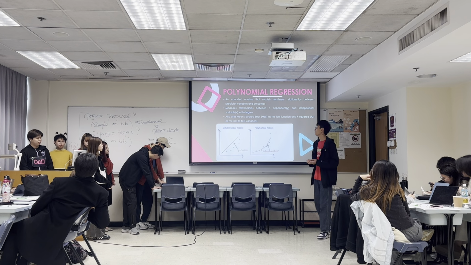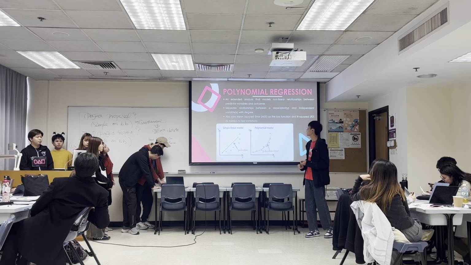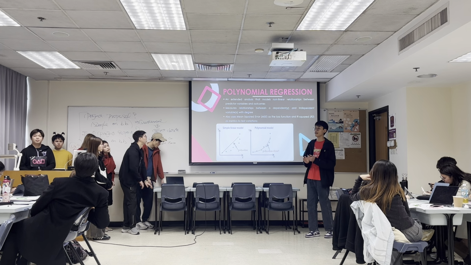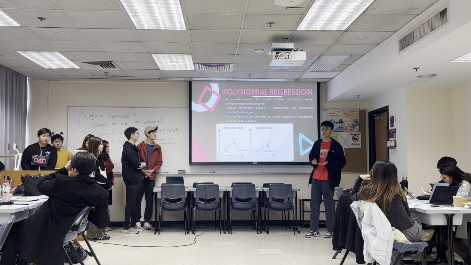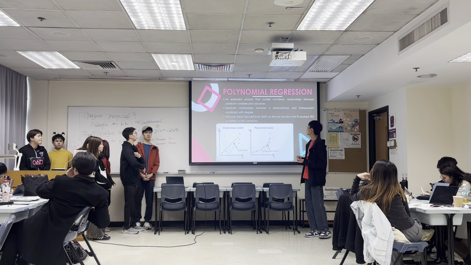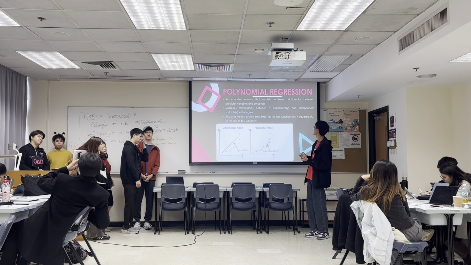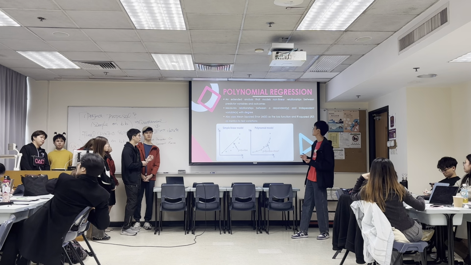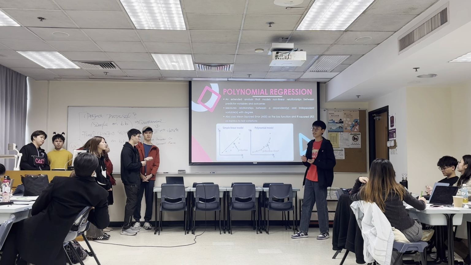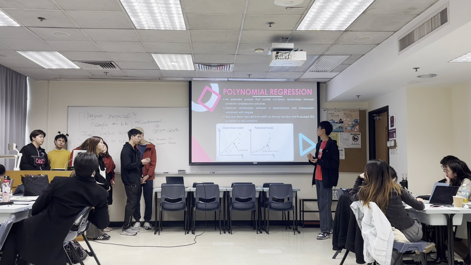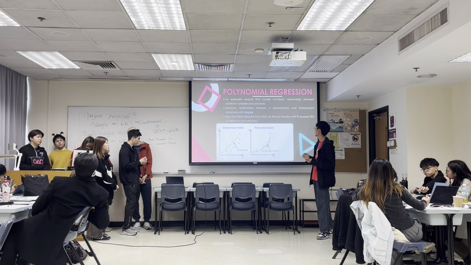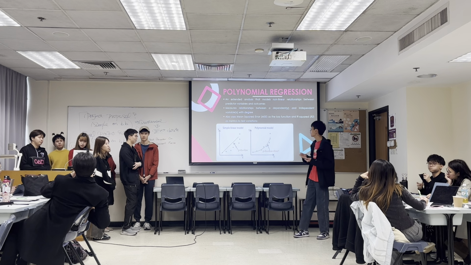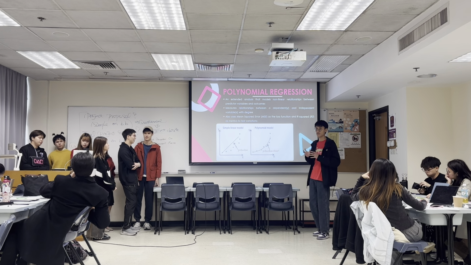Another type of regression would be polynomial regression. Polynomial regression is an extended version of linear regression. It helps to model nonlinear relationships between predictor variables and outcomes. It helps to measure relationships between a dependent and independent variable, but this time with degree.